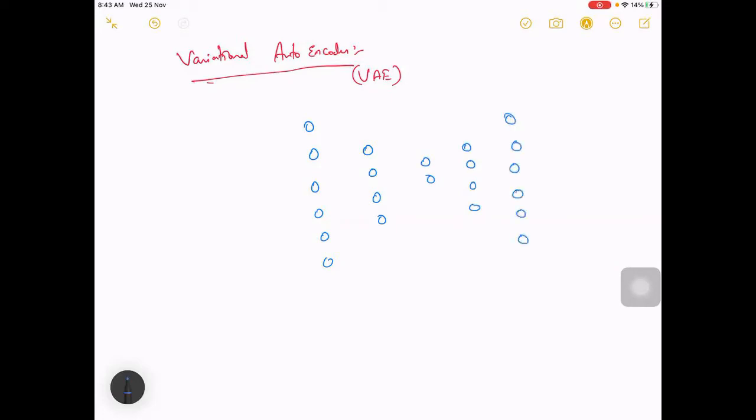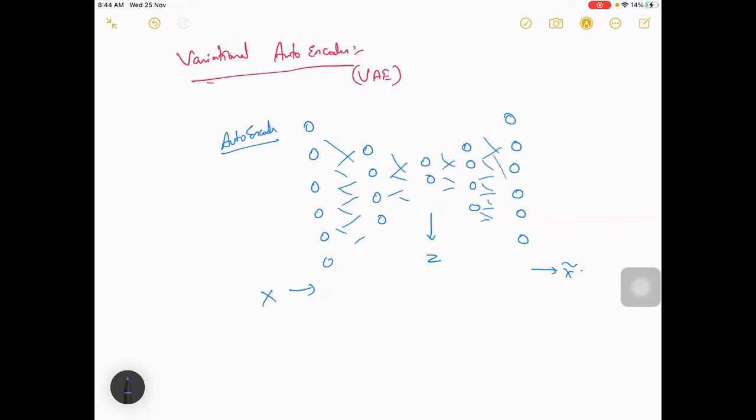Here we have x, and here we are trying to reconstruct x tilde, and here is where we have, let's call it z. So here in the autoencoder we have this as a value, so we are trying to get a value. Indirectly, these are the connections. I'm just drawing it this way.